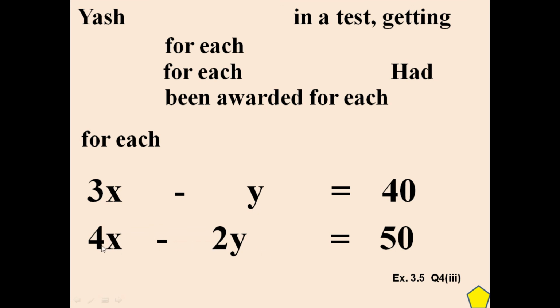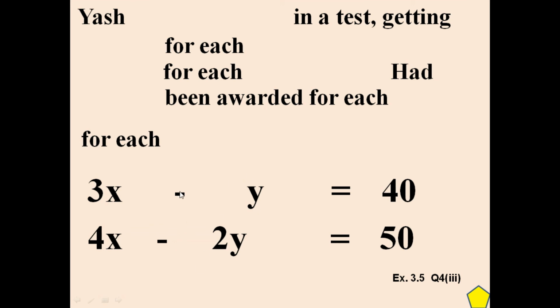This is an even number, this is an even number, this is an even number. So if I divide this by 2, I'll get 2x. If I divide this by 2, I'll get minus y. If I divide this by 2, I get 25. So the equation will become 2x minus y equal to 25.